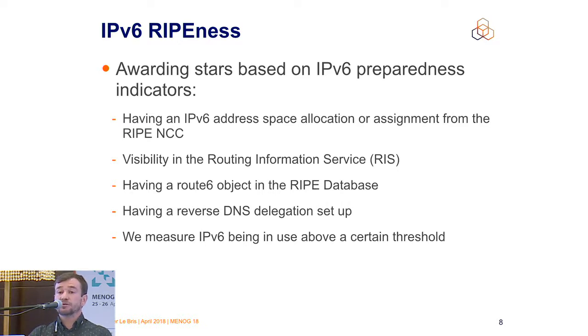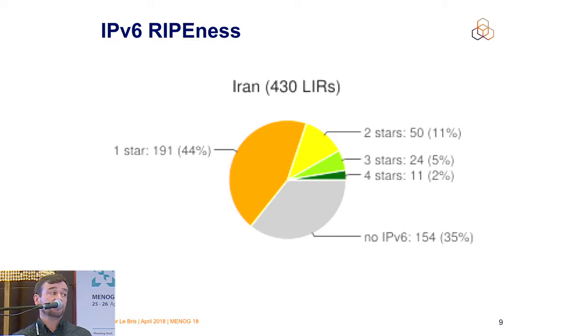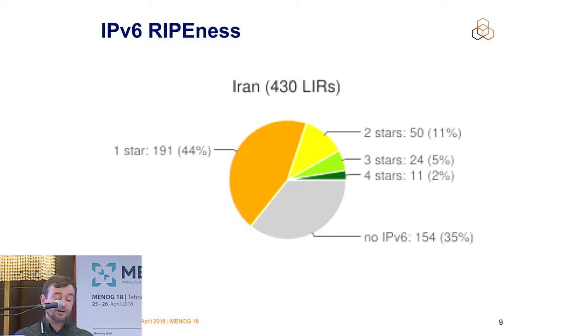If you look at the RIPEness for Iran, you can see that 44% of the LIRs, sorry, the local internet registries in Iran, have an allocation, which is quite great. 11%, sorry, have an allocation and a route object, and 5% have an allocation and a route object and announce it. And the next star is about having reverse DNS set up.